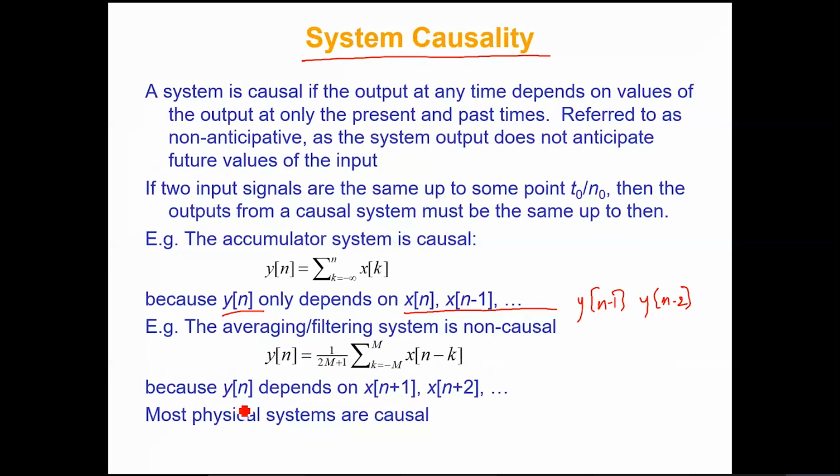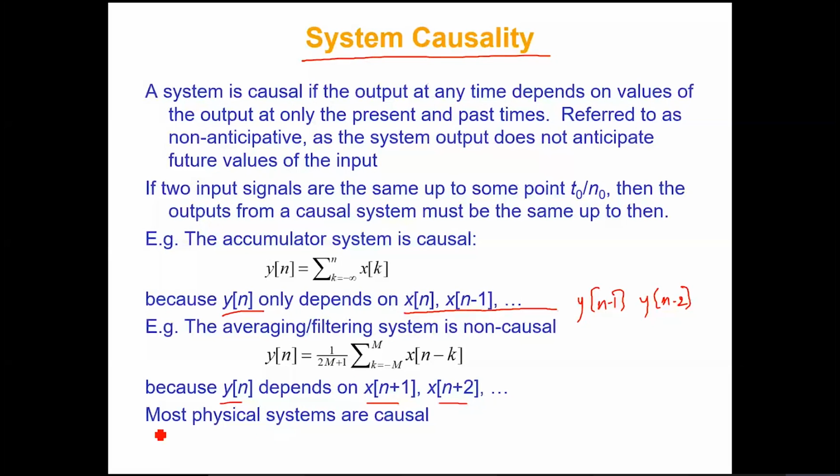And the opposite of causal is anti-causal. If your output depends on future terms only, here we are showing future inputs, x of n plus 1, x of n plus 2, then it would be an anti-causal system.